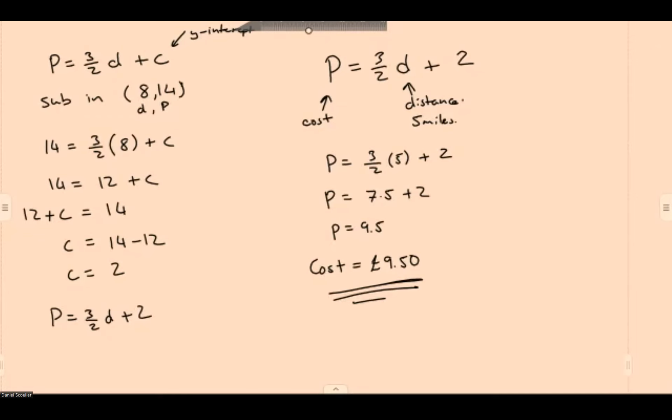Next question. Let's have a look together then at question 1 in that paper.